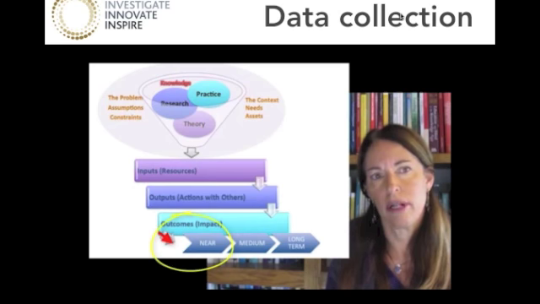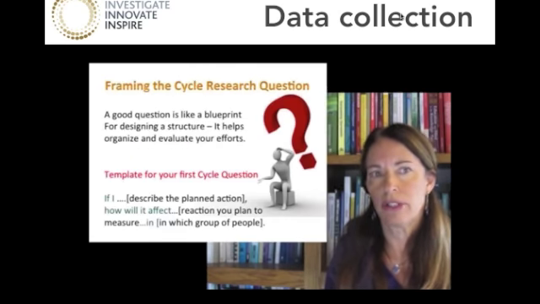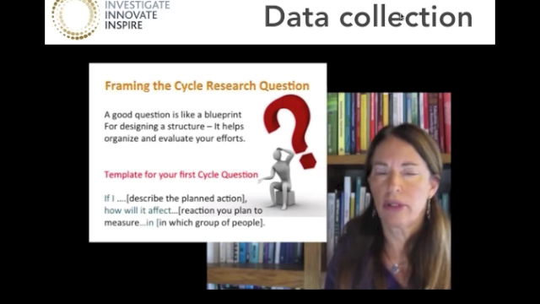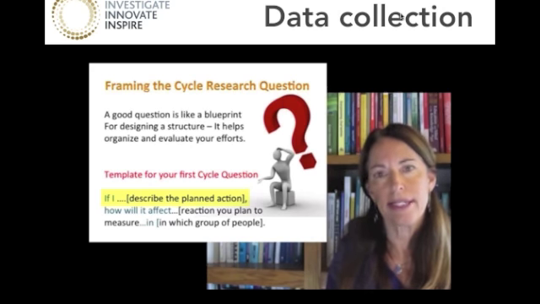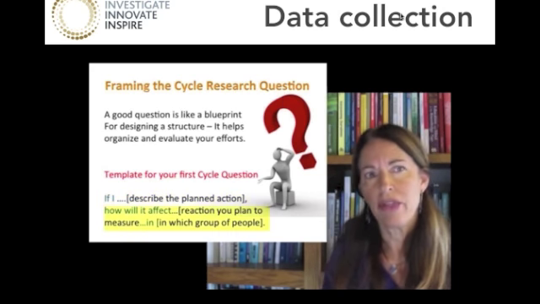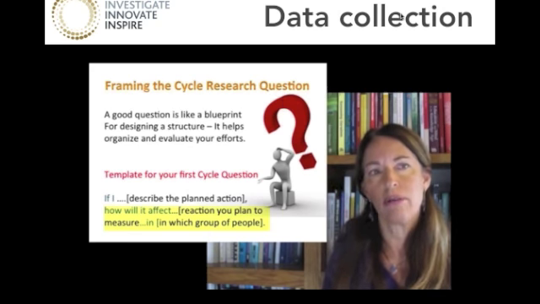And those near outcomes should have been what you use to form your research question. I suggested a research question in the form of, if I, and then describe the action that you plan to take fairly specifically, how or what effect will it have on? And then that outcome that you're looking for is what you need to measure.